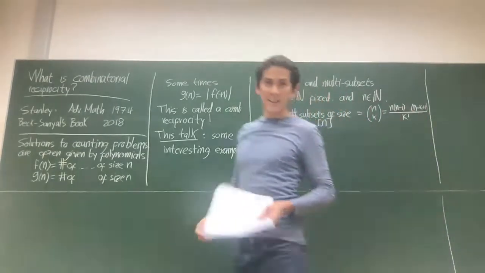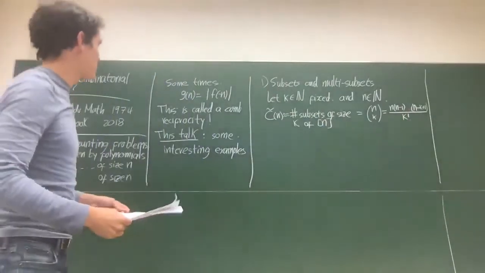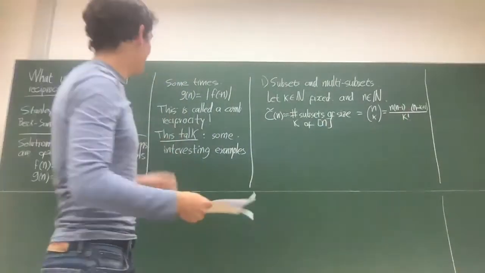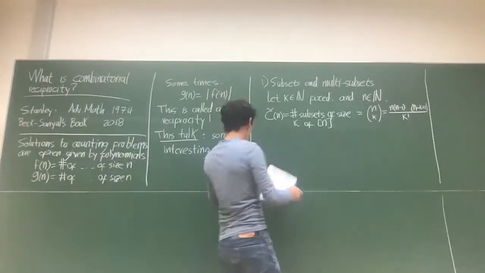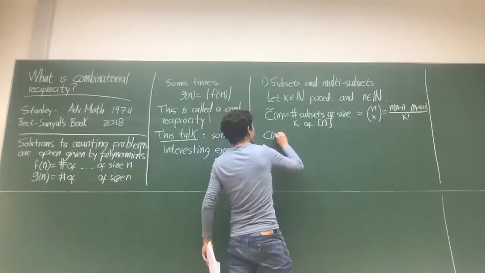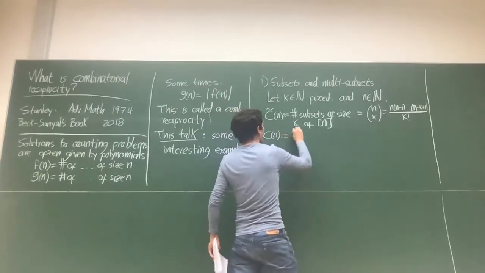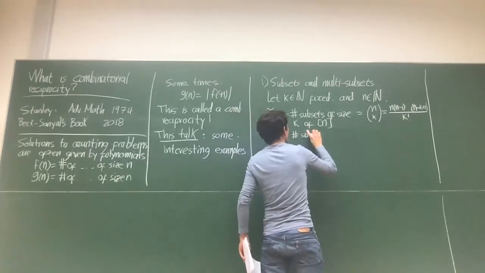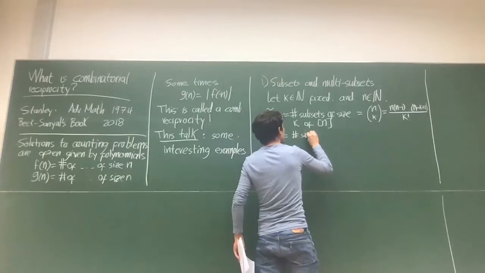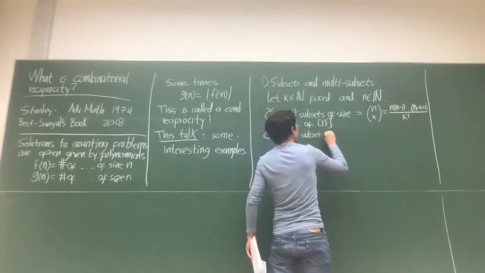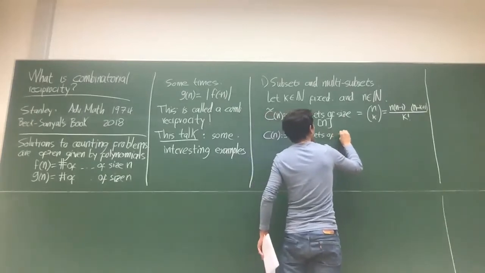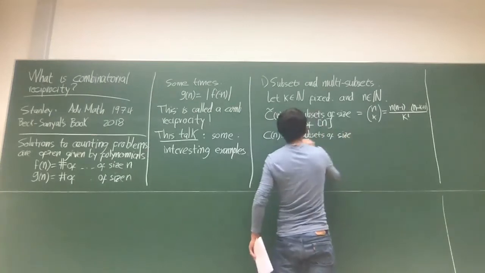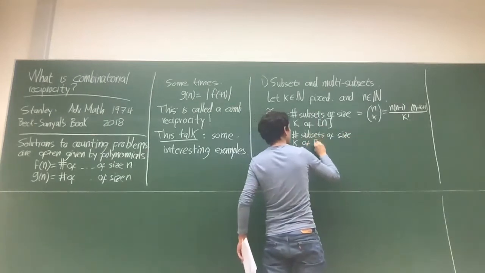Okay, now let me ask you another question, which maybe is not that easy, but still doable. Now let me consider C of n, the number of multisubsets of size k of n.